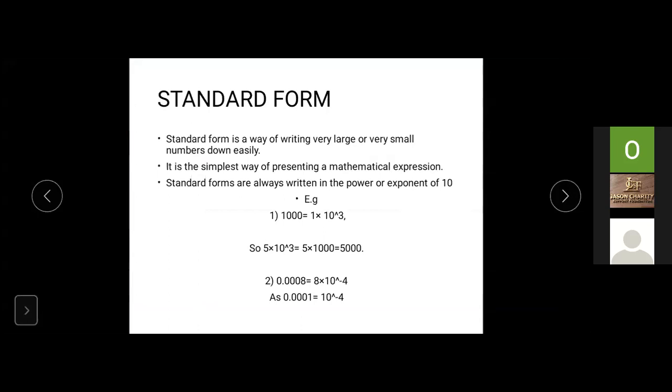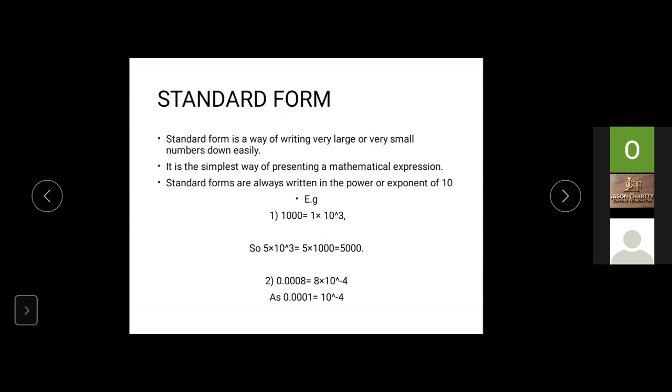Okay, so today I'll be speaking on standard form. So standard form, as you can see on the screen, is a way of writing very large or very small numbers down easily. Just like you said, an easy way of writing out numbers.